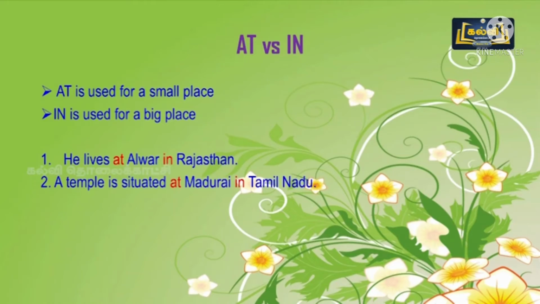A temple is situated at Madurai in Tamil Nadu. Here you can understand very clearly. Tamil Nadu is a big place and it is a state, and Madurai is a small place within the state. So, for the big place we are using in, and for a small place we are using at.